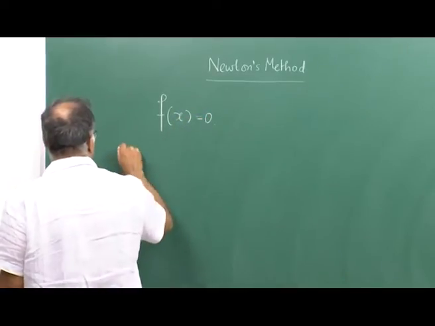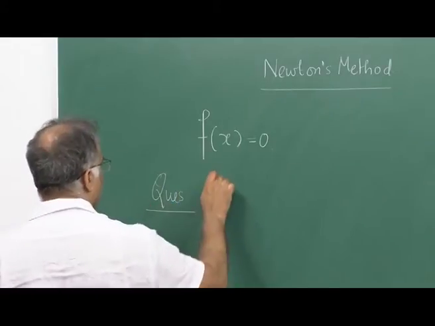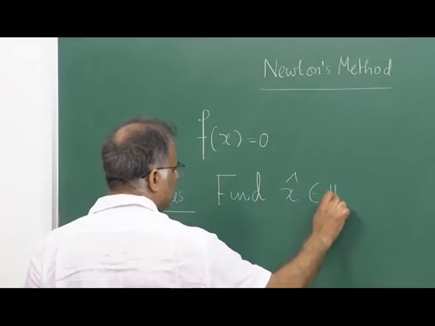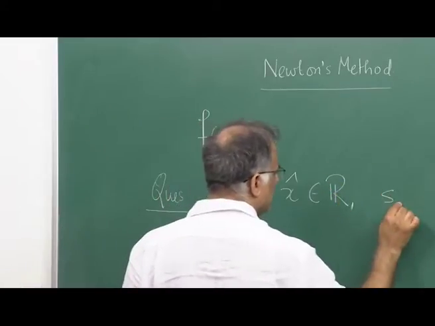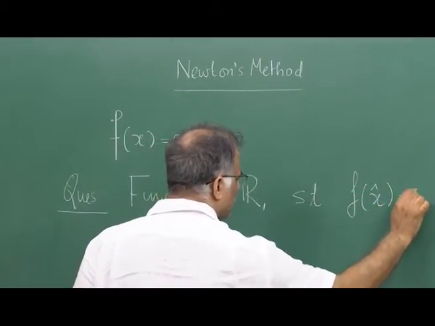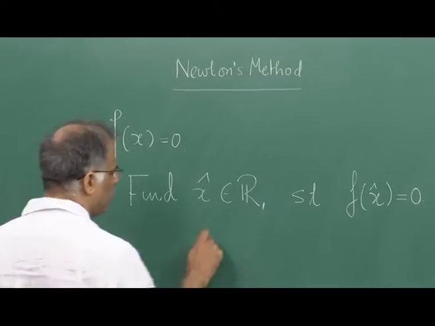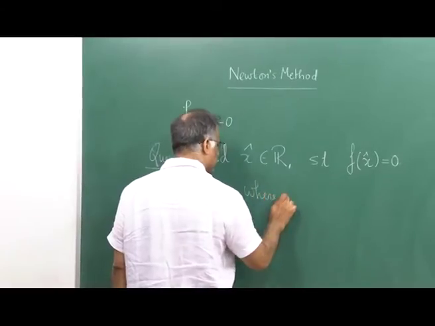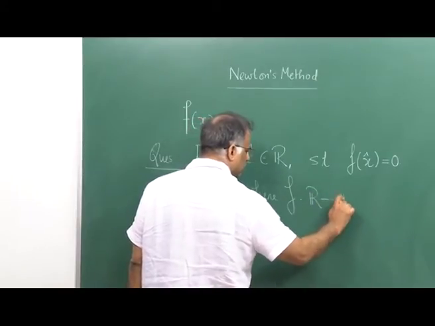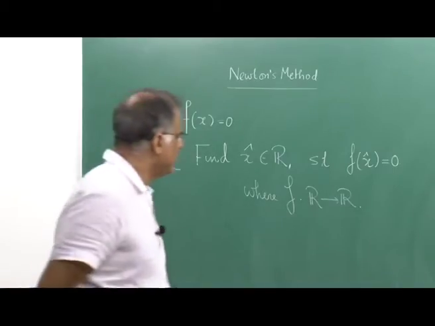So, the question is, find x hat in R such that f(x hat) = 0, where f is a function from R to R. Now, why such a study is required?